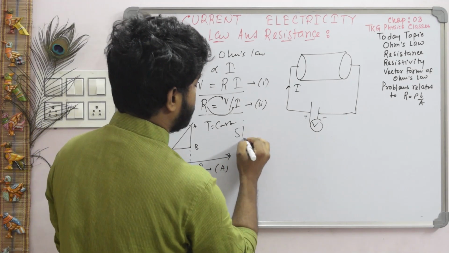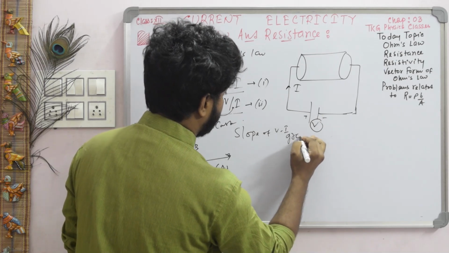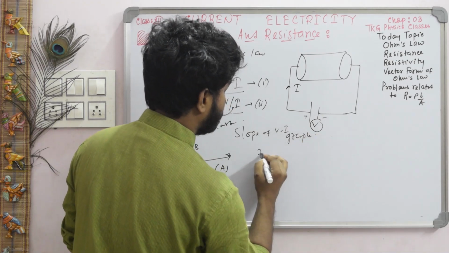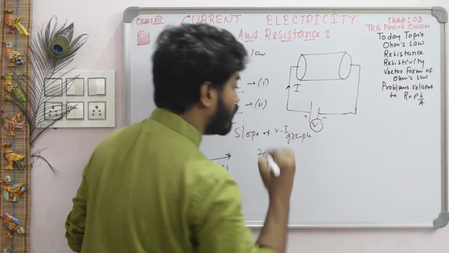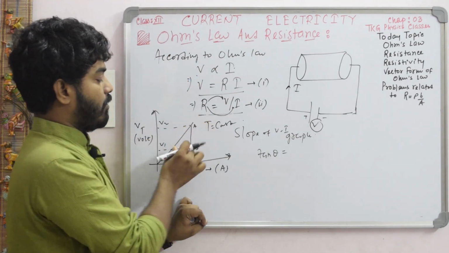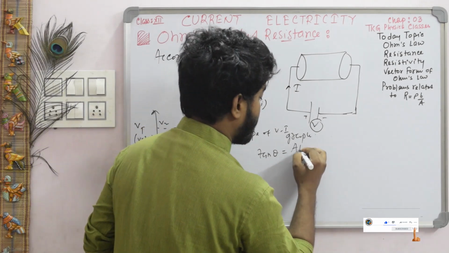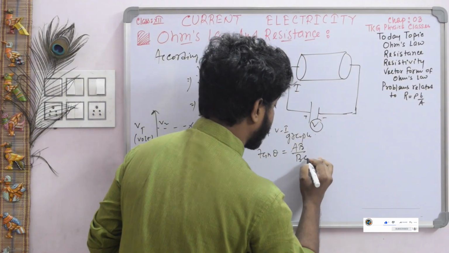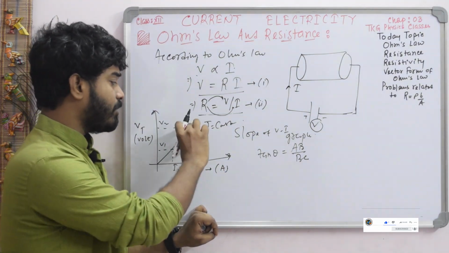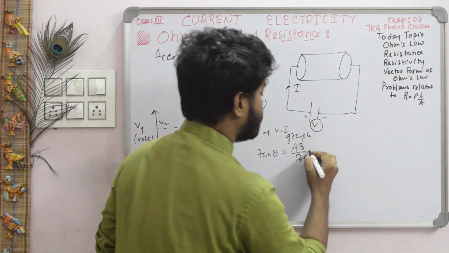So the slope of the VI graph is tan theta. You know tan theta is perpendicular by base, so this one is the perpendicular and this one is the base, because this angle is theta. So AB by BC. Now what is AB? This one is V2 and this one is V1, so AB represents V2 minus V1.